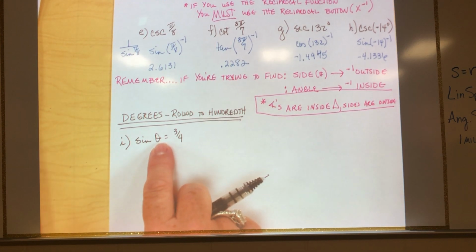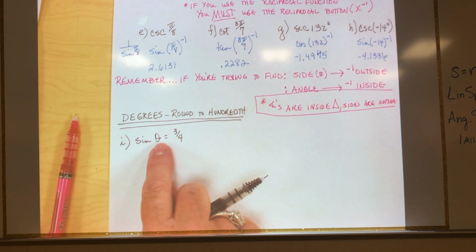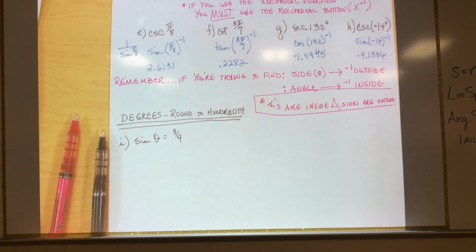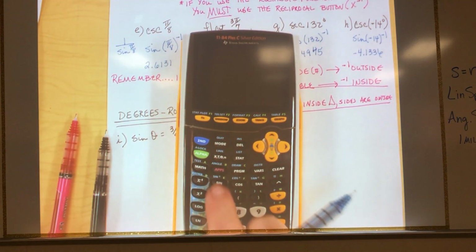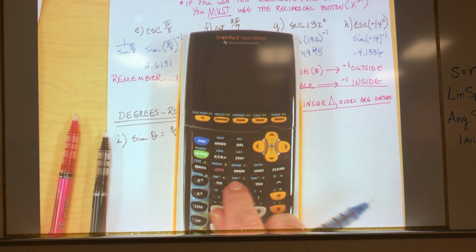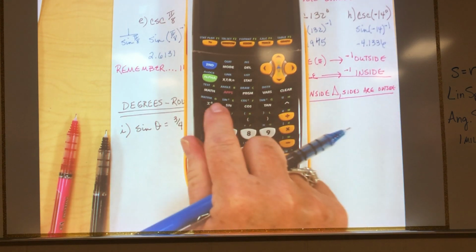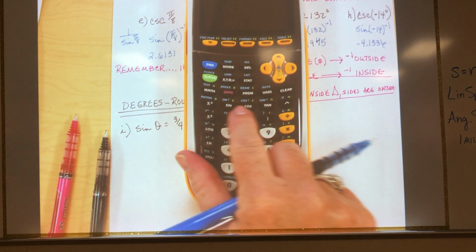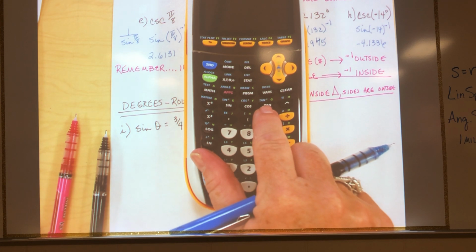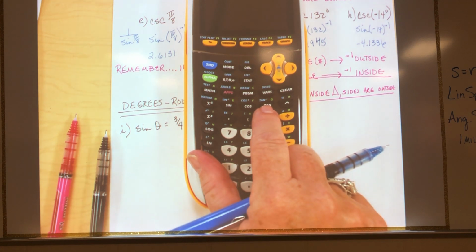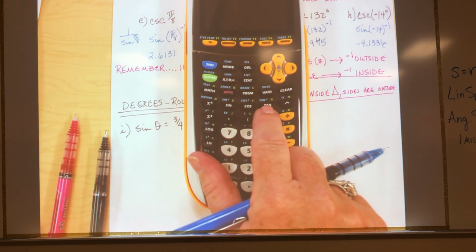Anytime you're looking for an angle on your calculator, you have to use these inverse functions. Do you see them up here? What do they have in them? A -1. That little -1 has nothing to do with the reciprocal button. It's telling you it's an inverse function.